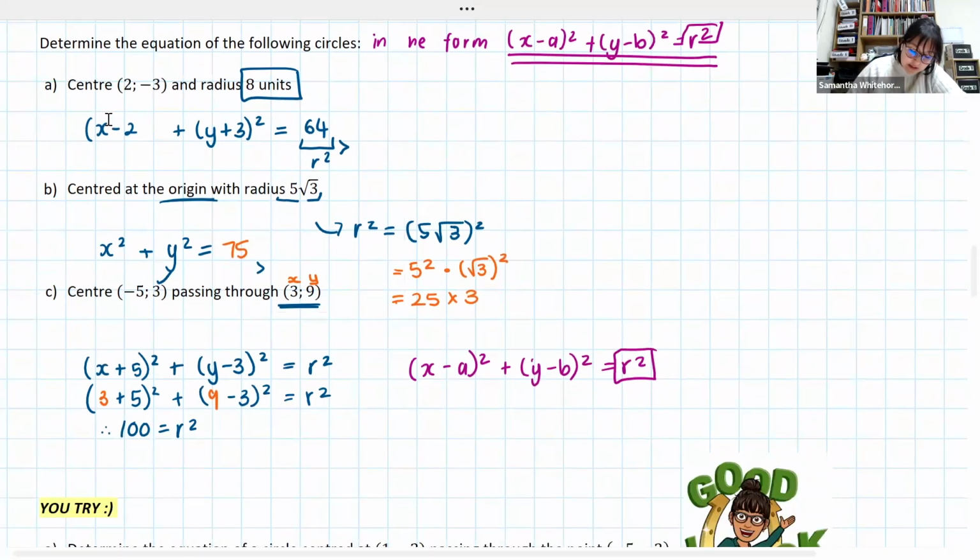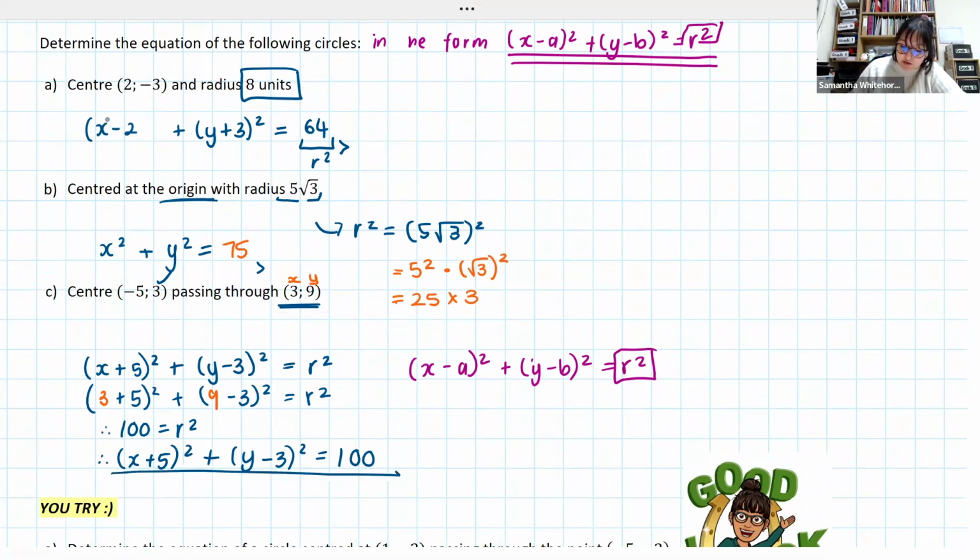So now I can go and say that the equation of my circle is x plus 5 squared plus y minus 3 squared is equal to 100. If I had asked you, what is the radius of the circle, then you can tell me the radius is 10 units. But that wasn't what I asked. I asked you to find the equation of the circle.